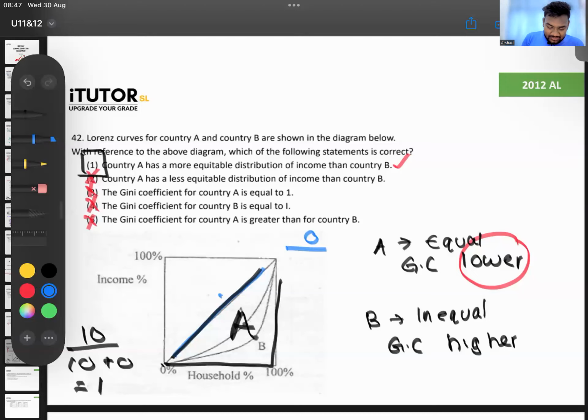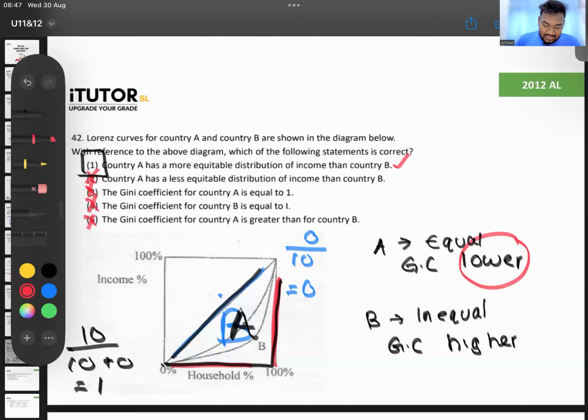Area of A plus B will be this entire thing. This entire thing will be B. So let's say this is 10. So this will be 0, right? If the Lorenz curve is on the line of equality, Gini coefficient is 0. If the Lorenz curve is like this red curve that I'm trying to highlight here, then Gini coefficient is 1. Both of these are practically impossible to happen.